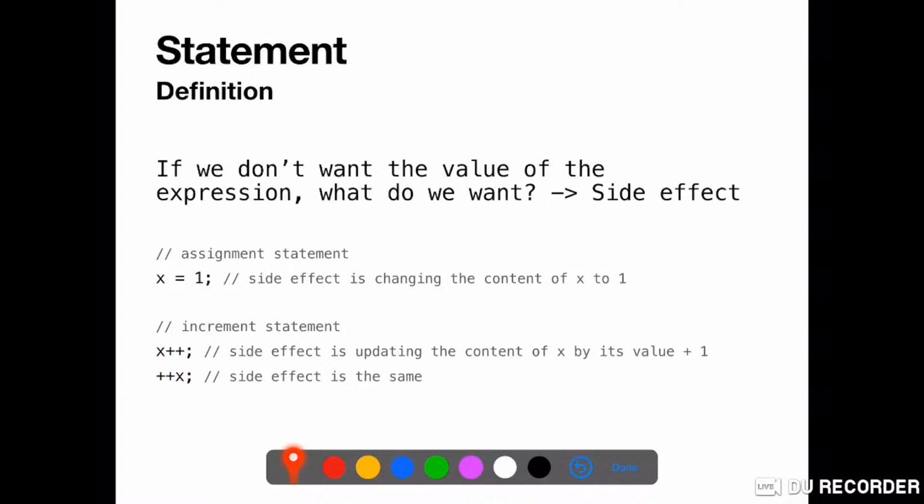Sometimes it helps us to understand a program to know what the side effect and value of each expression in the programming language are. Sometimes it helps us write shorter code.